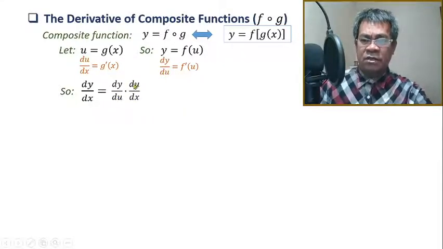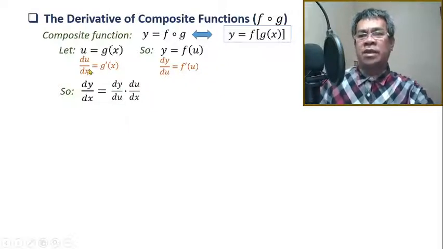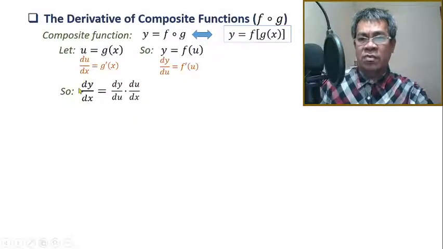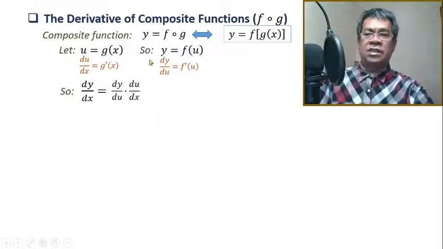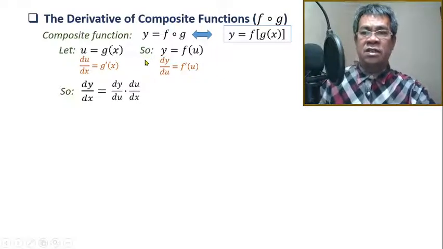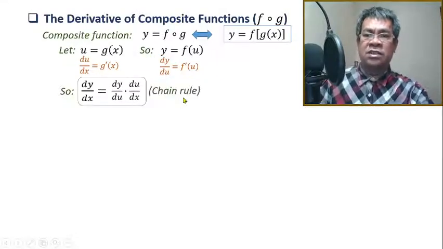When you look at this mathematically, the du will be cancelled out, and this becomes dy/dx. Which means that if we multiply dy/du by du/dx, the result is the derivative of y with respect to x. That's the strategy, and we call this the chain rule.